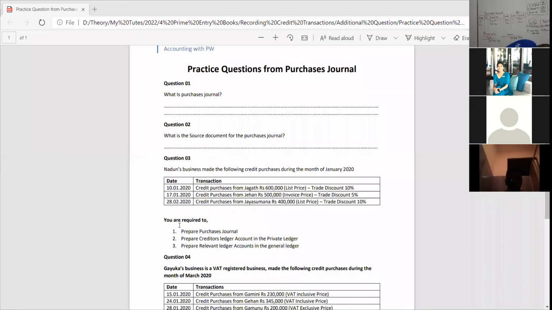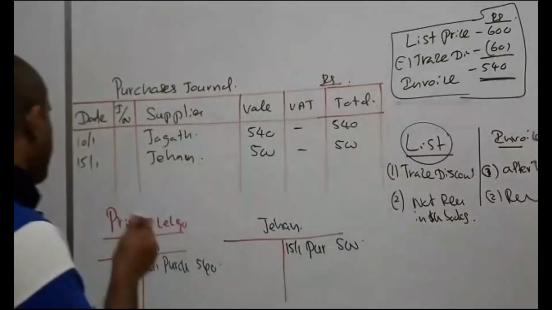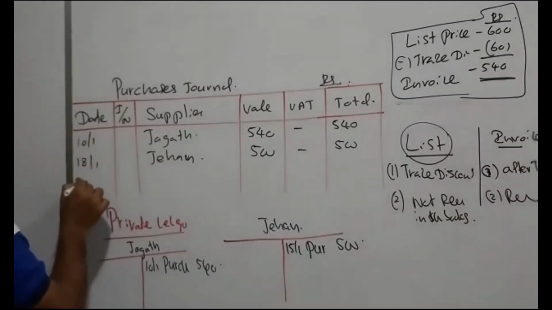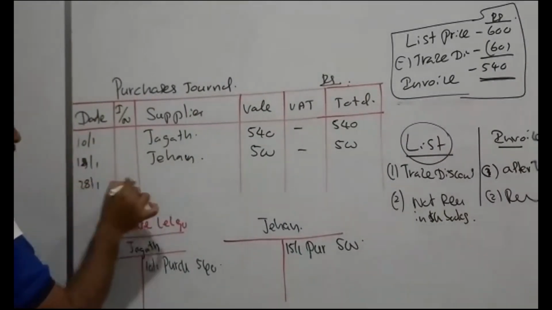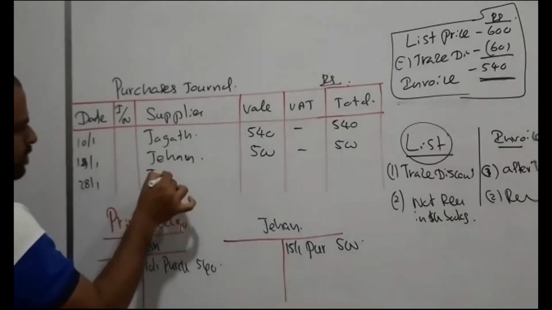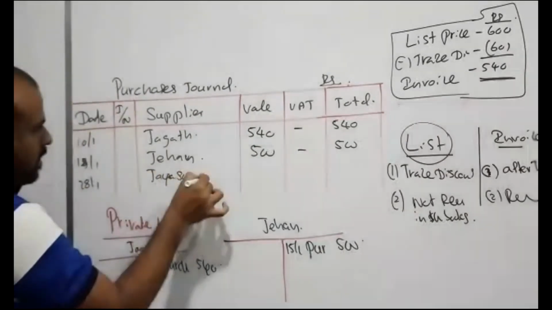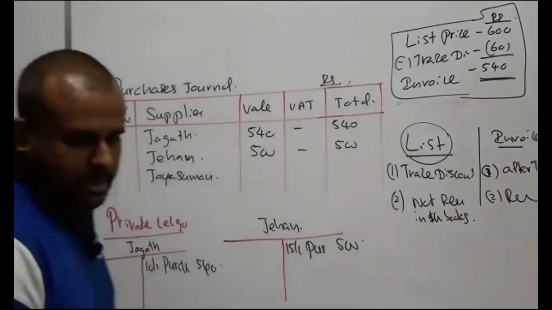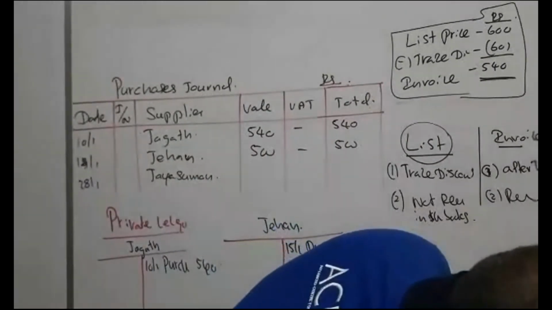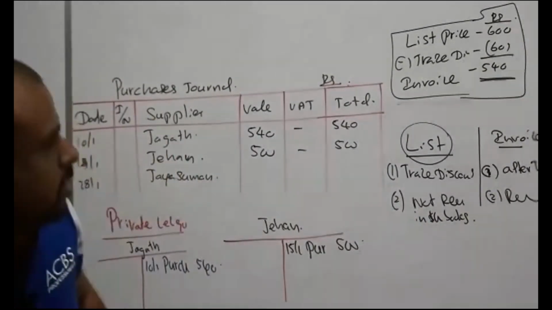Credit purchase from Jayasumana, list price 400,000, trade discounts 10%, make it 28 January. Right? How much was the amount? Rupees 400,000.